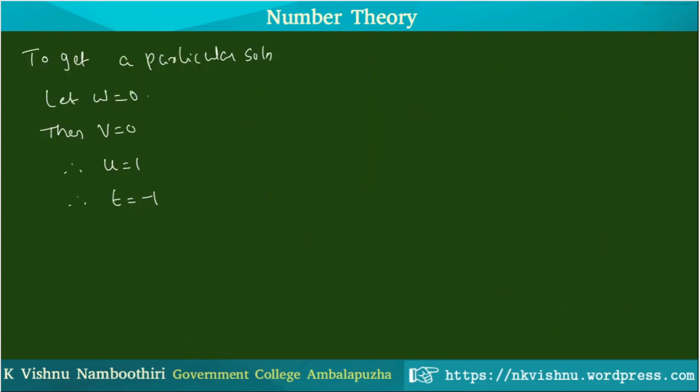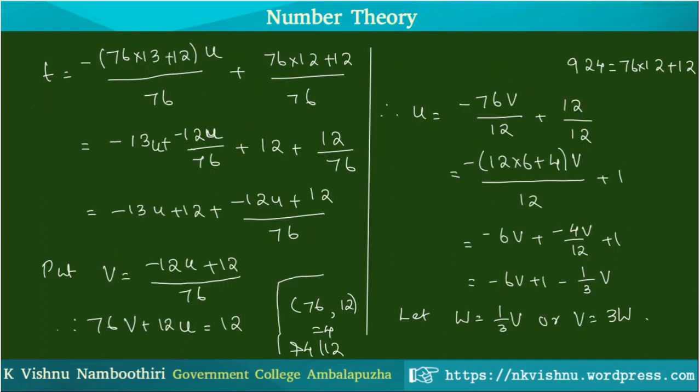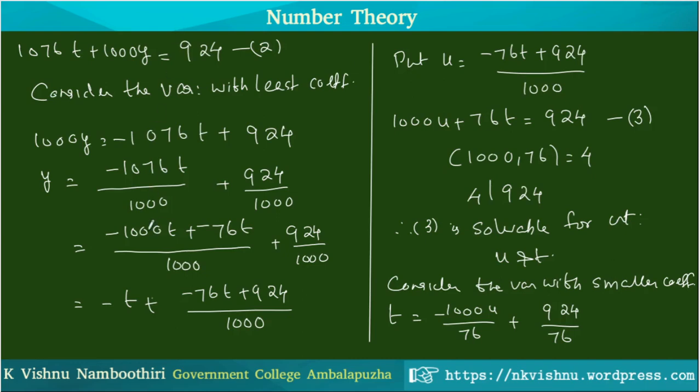But u we have already found, so we have t here. Using the value of t, we have to find y, not t. So what is the value of y? T is already obtained to be equal to minus 1. So y is equal to minus t, therefore minus minus 1, that is 1.